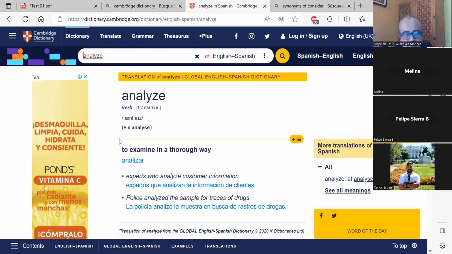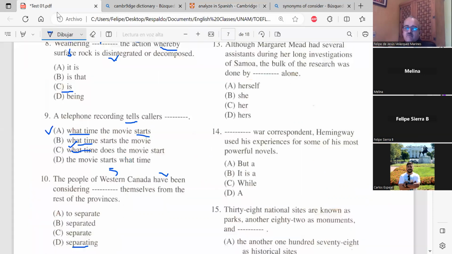No, I don't have an example. Well, I try to find examples with other verbs. And then I can come to the conclusion that after verbs that are synonyms of consider, ponder, analyze, examine, etc., the second verb is always ing.